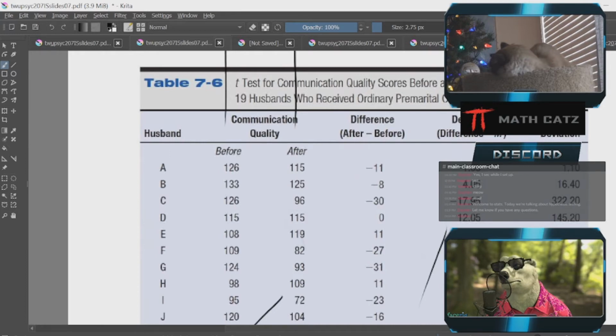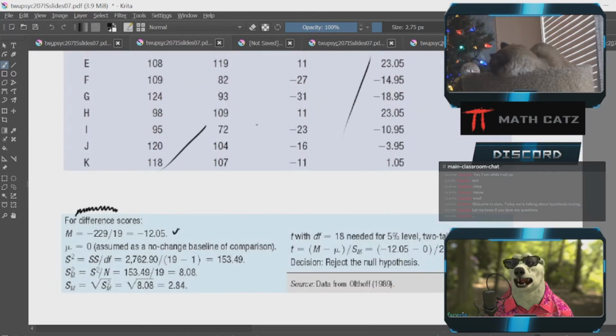We calculate the sample mean of difference scores. We estimate the variance because we do not have the population variance of difference scores. So again, we have 19 of them. We divide by 19 minus 1, sample size minus 1.